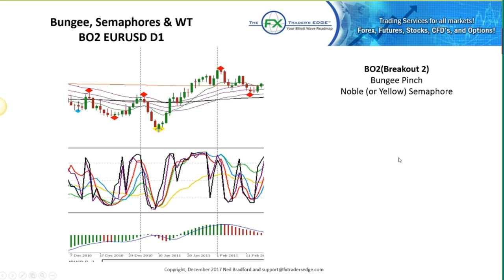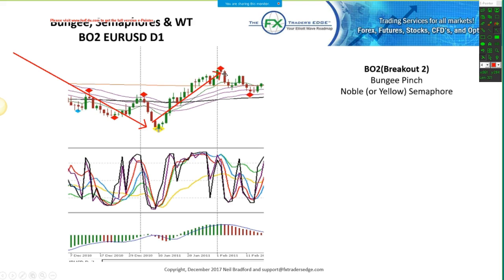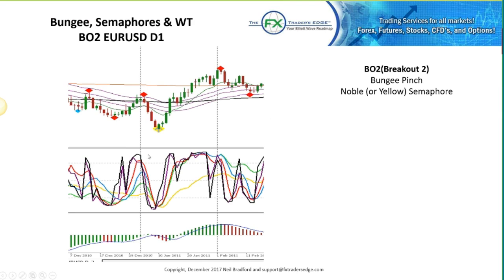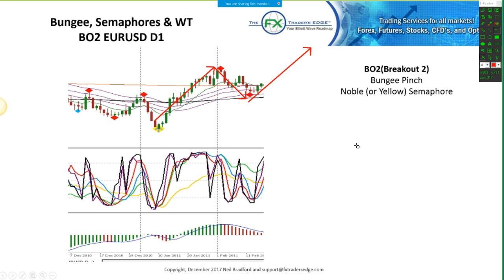Okay, breakout two. Not seeing much of the chart here, but we're looking for a continuation. Here's a wave one, here's a wave two. Sorry, I've got that upside down. There's the one, there's the two, there's the breakout two for a wave three going up.